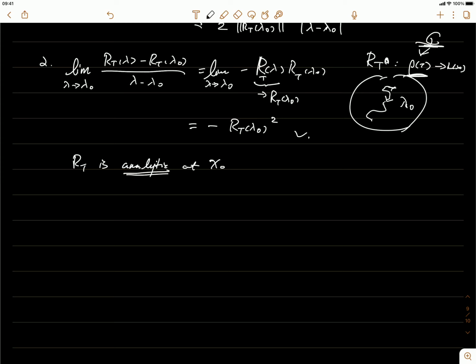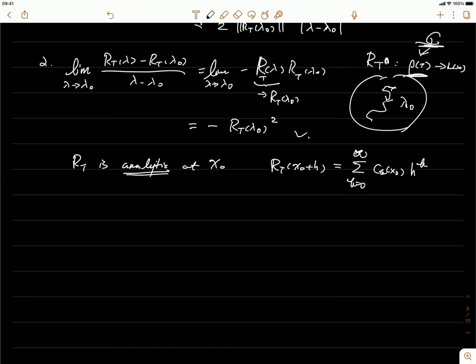When we refer to analyticity, it means that R_T of x naught plus h can be written as a sum of c_k of x naught times h to the power k, with k from 0 to infinity.